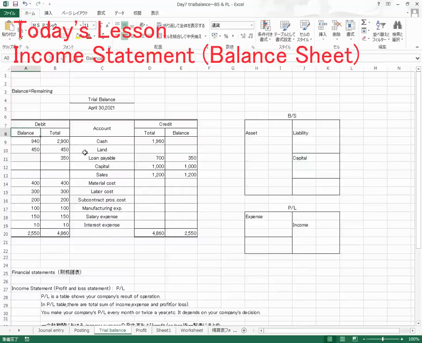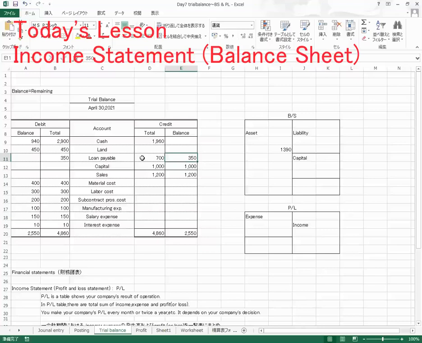What will the asset be? The assets are cash and land, so we add 940 and 450.